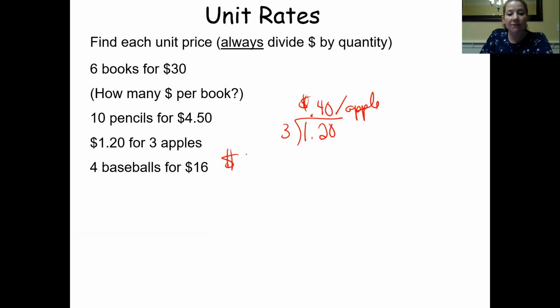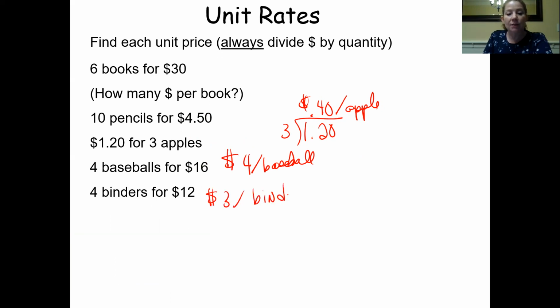That means I spent $4 per baseball. 4 binders for $12, I spent $3 per binder. $6.50 for 2 burgers. That means I spent half of that, $3.25 per burger.